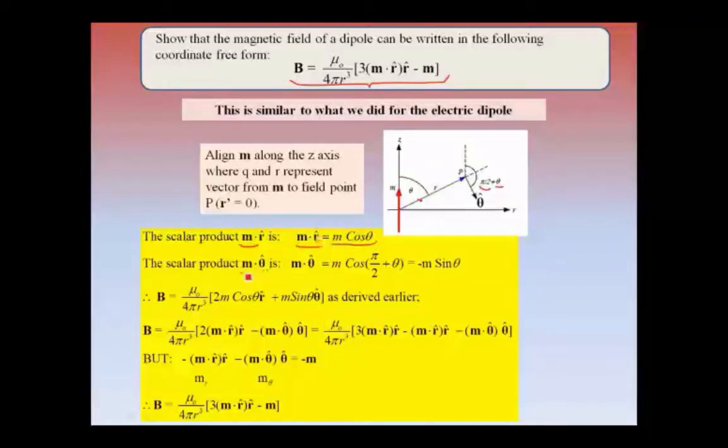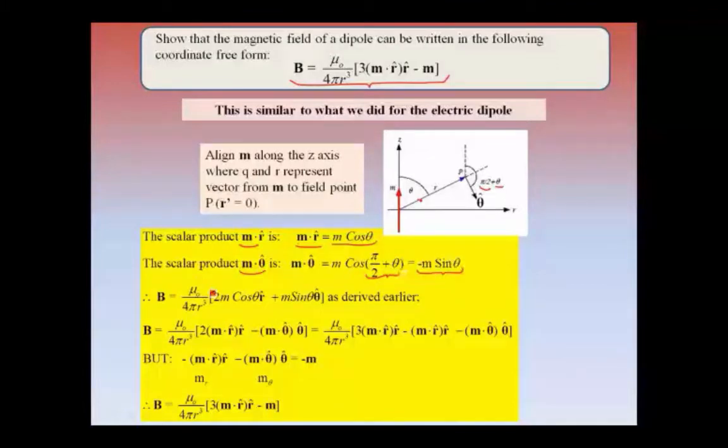The scalar product of m dot theta hat involves this other angle, so we'll have m times the cosine of that angle. And remember, that just has to do with taking a cross product. If you look at the expansion of cosine of pi over 2 plus theta, you get minus sine theta. So our dot product of m with theta hat is equal to this.